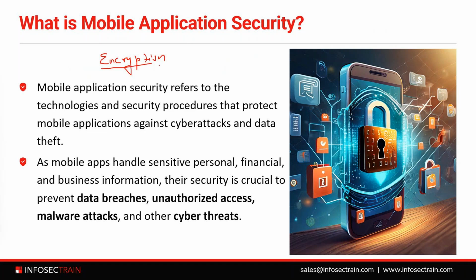What does that mean? Encryption means that we are converting the data into a format which is unreadable. Even if I'm sending some data from my device and someone in between is intercepting that data, they should not be able to understand what data it is, what is written, right? That's encryption. So, if the application is not enforcing any kind of encryption for the data in transit, or the encryption implemented in the application is insecure, that means it is insecure transmission of data, right?